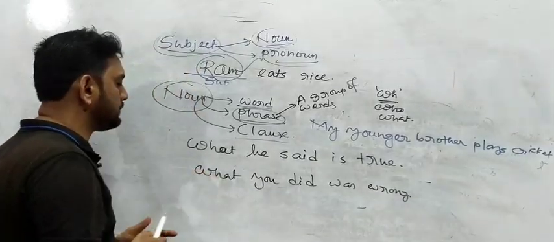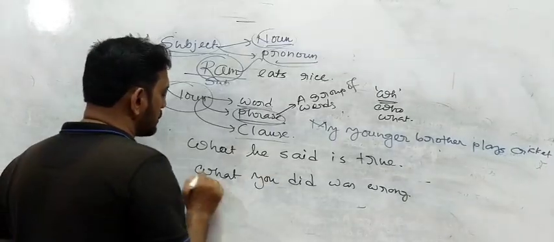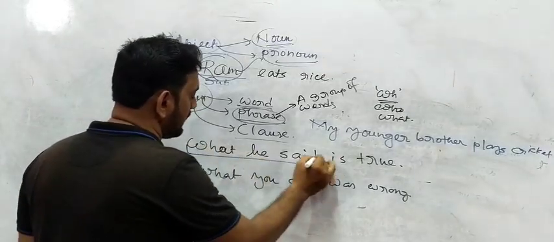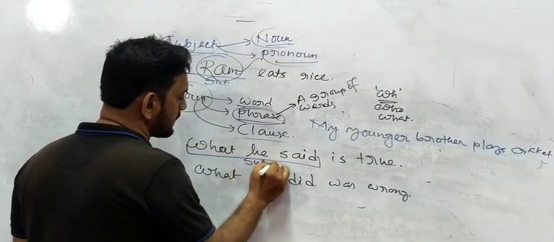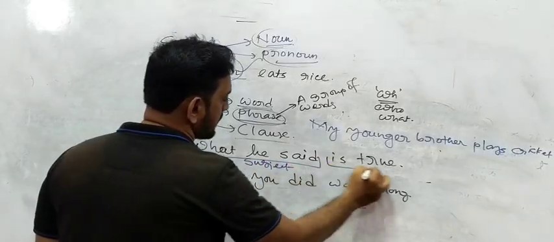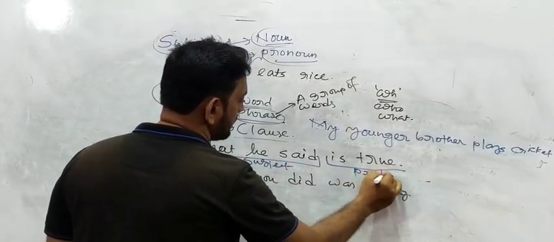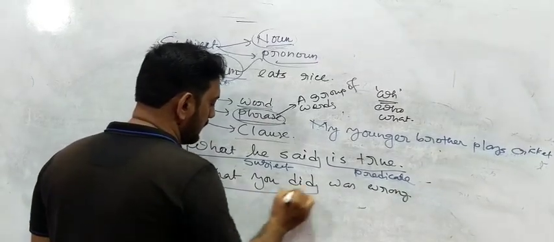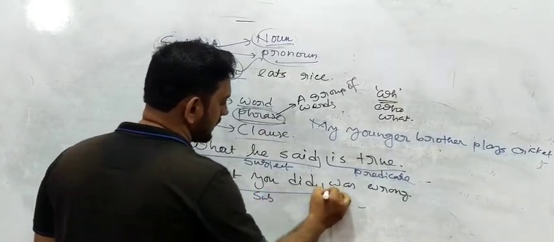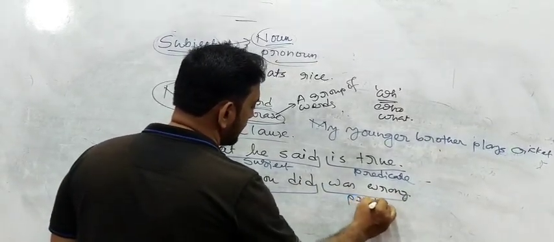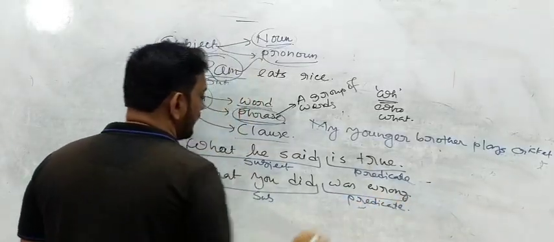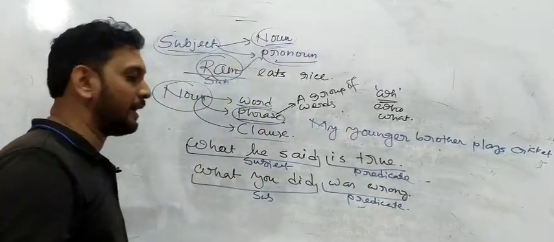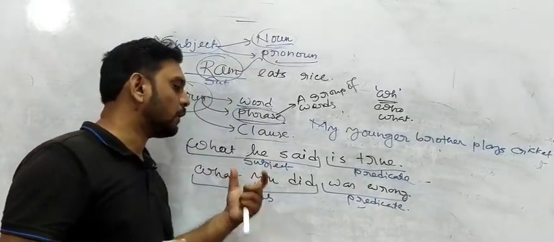Now let me tell you, in what he said is true, here what he said is the subject of this sentence, and the rest of the part is called the predicate. Here also, this is the subject of this sentence, and the rest of the part is the predicate.